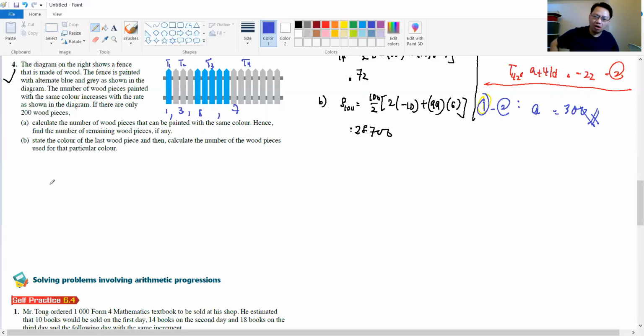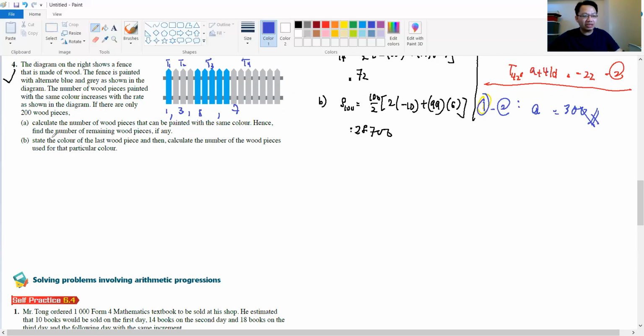So will all this 200 be used, or maybe less than 200 will be used, because not enough wood to add on, because the limit is 200. Now we need to find the maximum total we can use so that it can reach 200 at most.